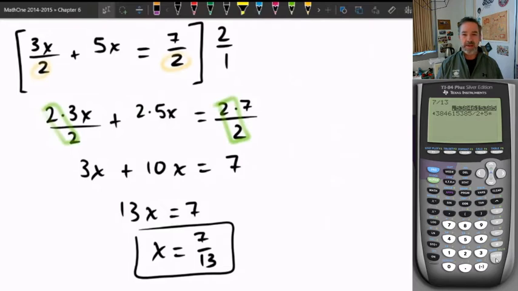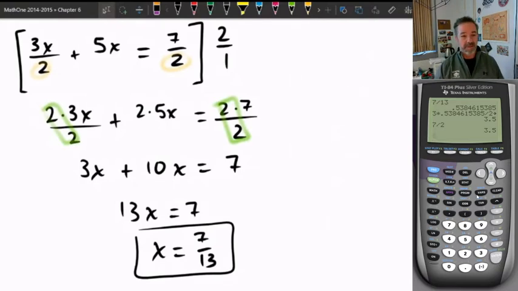And when I hit enter, I should see 3.5, right? 3.5 is 7 halves. And let me press enter, and I do. So just to demonstrate, 7 halves is what I have on the other side. So when I put 7/13 into that equation, it makes both sides of it 3.5.